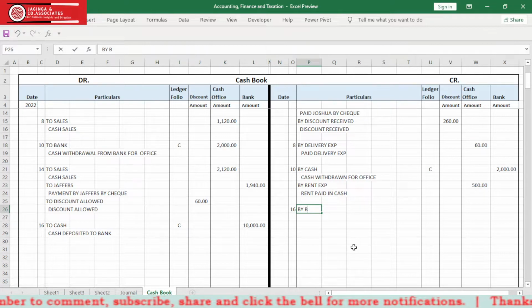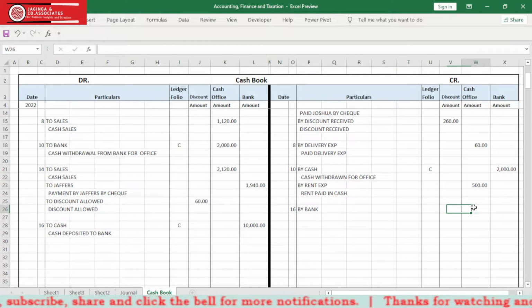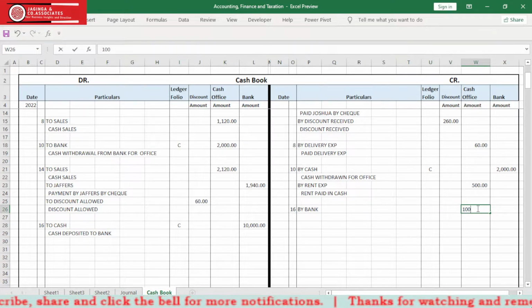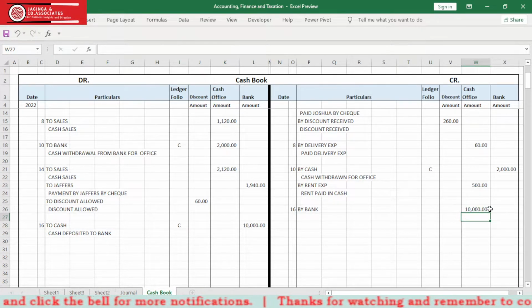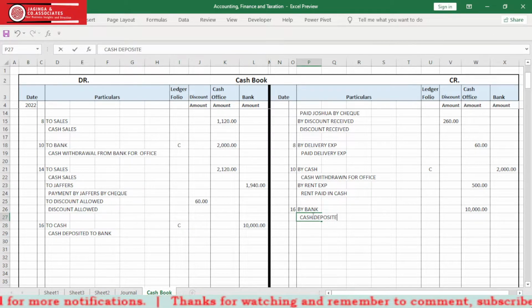So this by bank. So we withdrew cash. We took cash from cash office and deposited in banks. So cash deposited to bank.